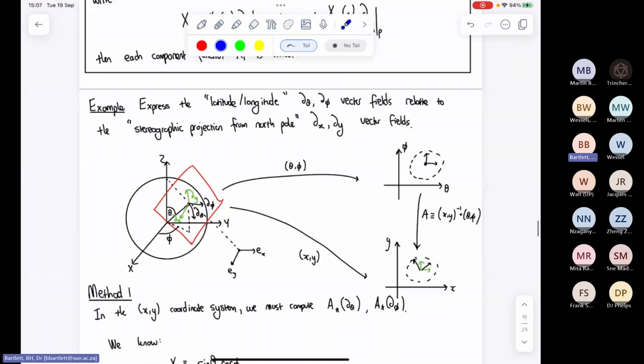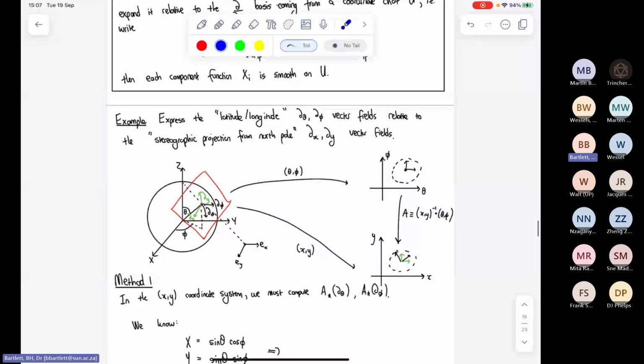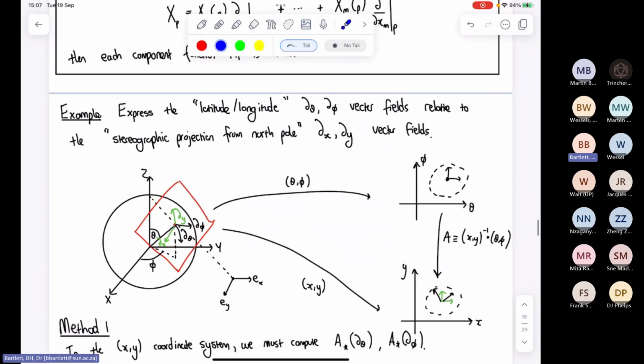All right. So for example, let's do one of those calculations right now. And I mean, I love doing them. It's not that I have a beef with them, but we try and postpone them till the last moment. Okay, so here's the example. Express the latitude and longitude vector fields, del theta, del phi. Remember I said that for any chart, you get these coordinate vector fields according to that chart.